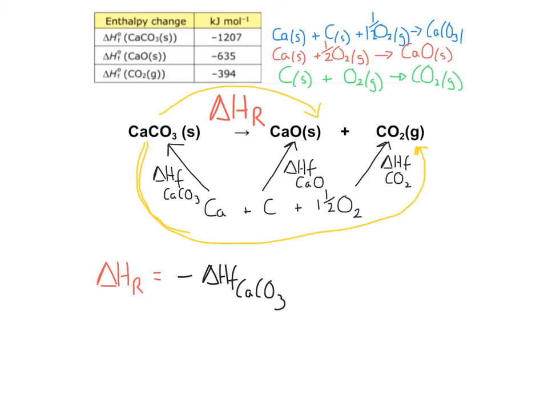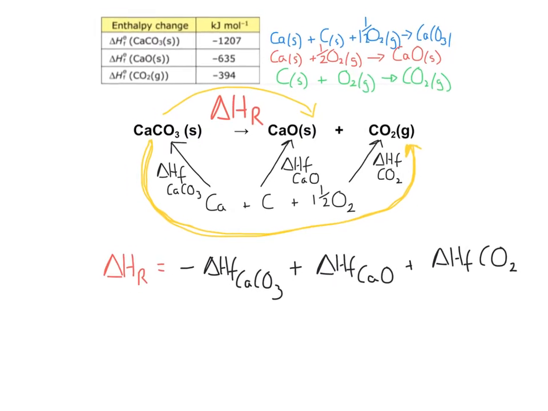Now as I complete my cycle, my yellow arrow now is going in the same direction as these last 2 black arrows. So I don't need to put a negative sign on. I'm going to add to that the delta HF of calcium oxide and the delta HF of carbon dioxide.